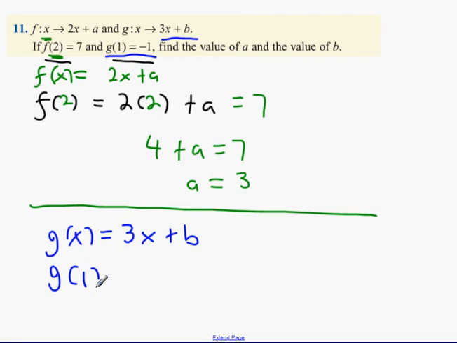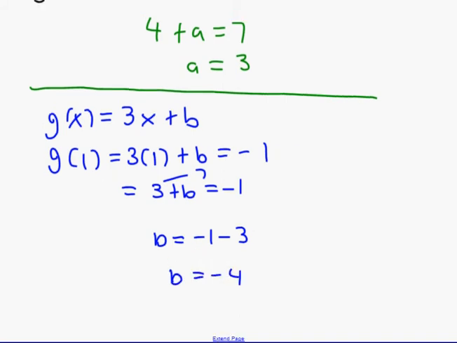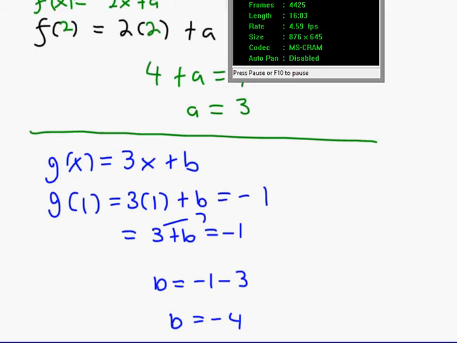It's going to be 3 times 1 plus b equals minus 1. 3 times 1? 3. 3 plus b equals minus 1. b equals, bringing over the 3. b equals minus 1 minus 3. Sorry, minus 4. b equals minus 4. How do you imagine that one? Difficult or? Fine. Okay.